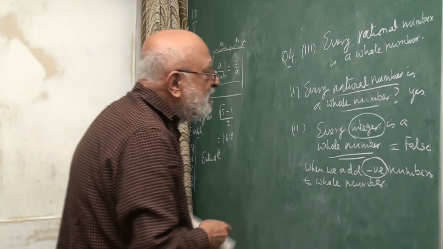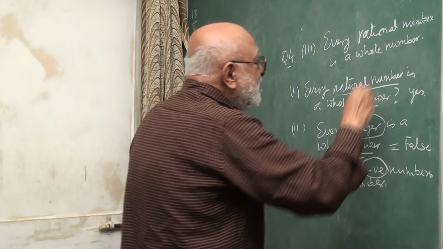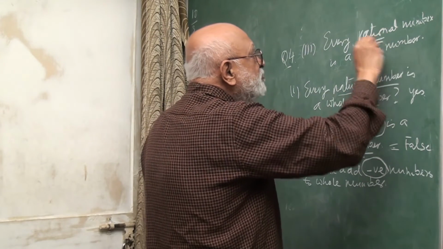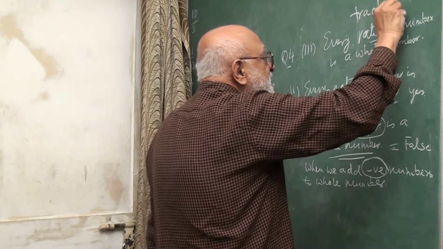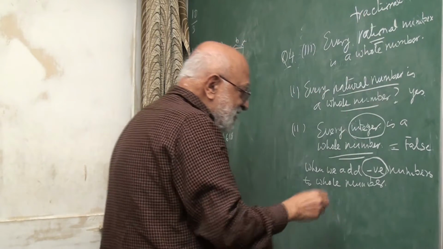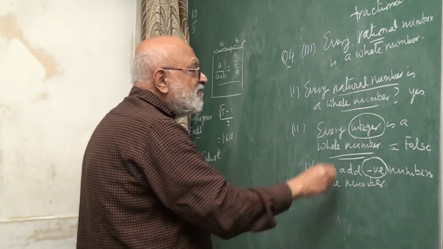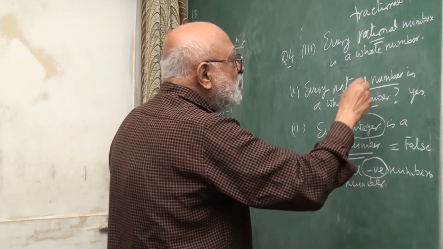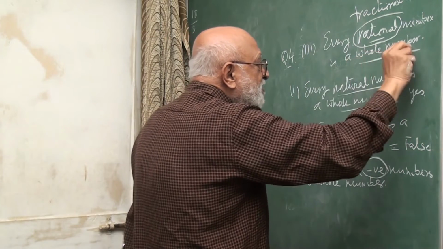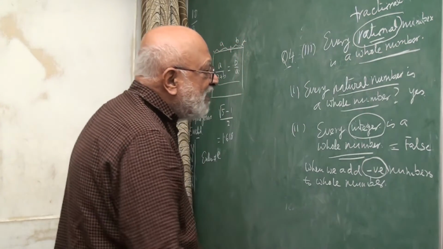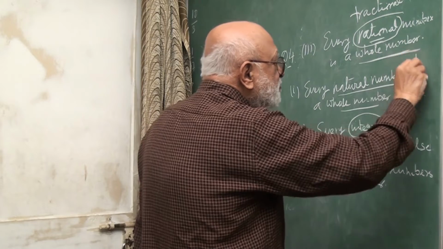No, how can it be? Because in rational numbers you also have fractions. So integers plus fractions give you rational numbers. The whole numbers do not contain fractions. So this will also be false.